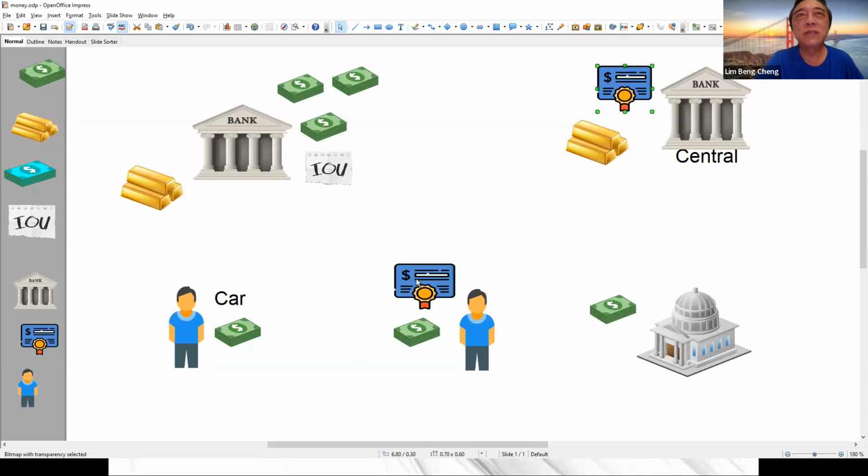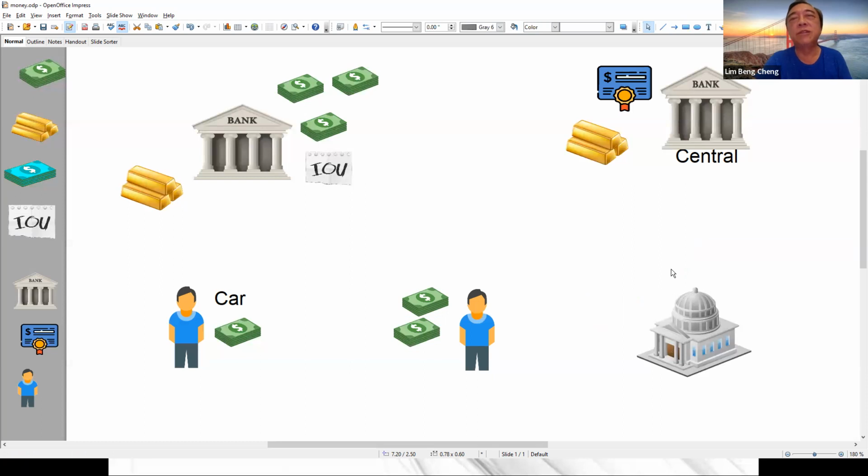And let's say this one says, oh, my bond matured, I want to return the bond, exchange for money. Okay, so he returns, and then he gets back his money, of course with some interest. So now this bond can be deleted already. So the government is back to normal. But you find that this central bank has a lot of bonds.